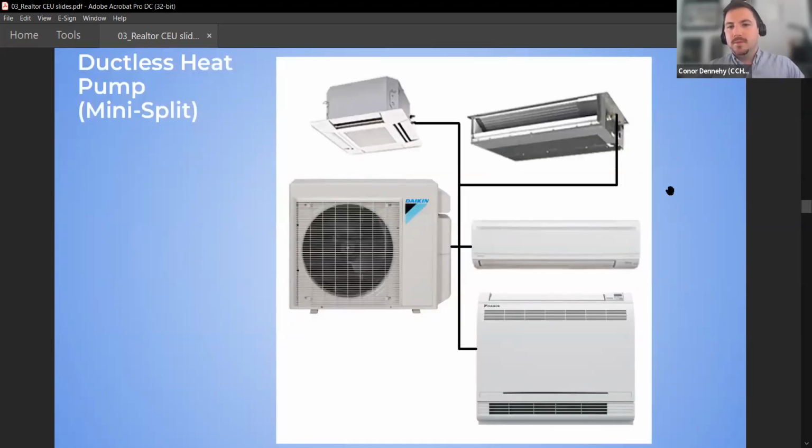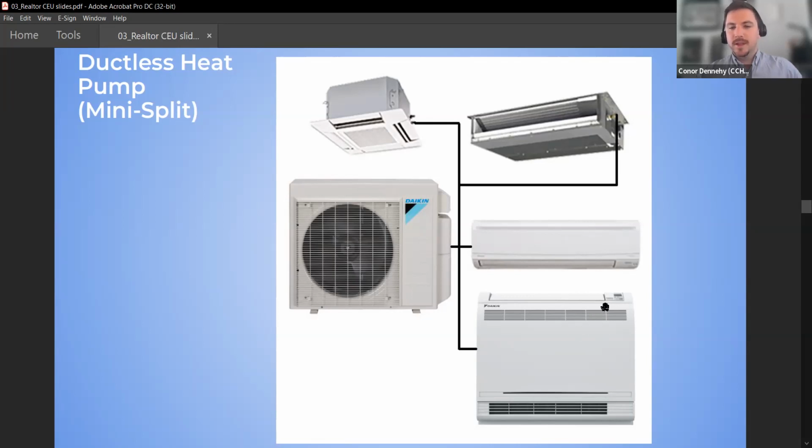A ductless heat pump can also come in a few different varieties. It definitely gets really tough to track this hierarchy of heat pumps, and there's so many options. But basically, this one here in the middle is the ductless mini split head that we've been seeing before. There's a little fan in there, and it sends out air.